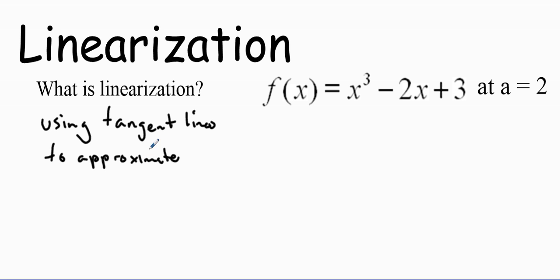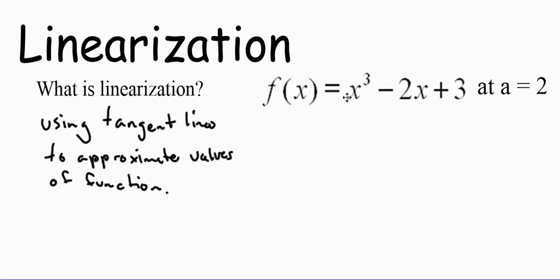Values of a function, pretty much, or whatever type of equation you have. And to do that, the key thing is the first and easiest way to use linearization is to approximate a value of a function around a centered point or the point of tangency.